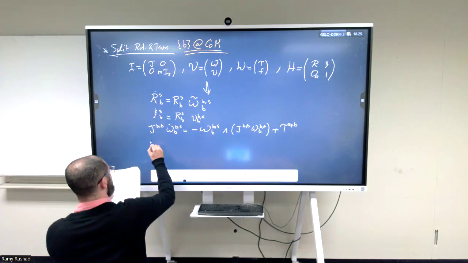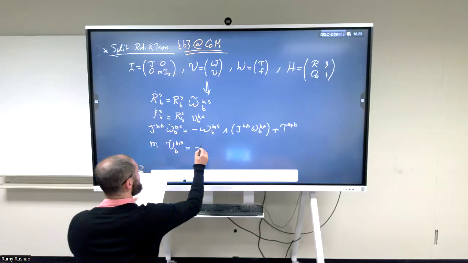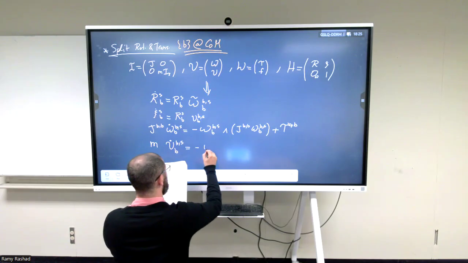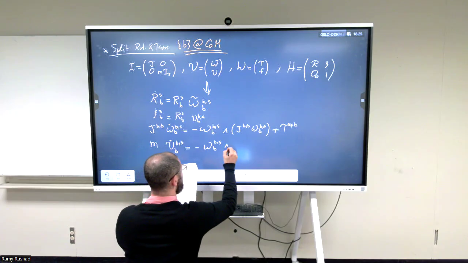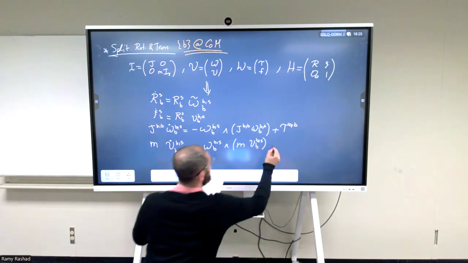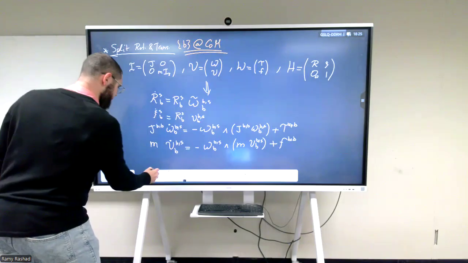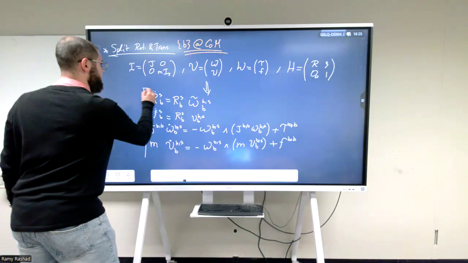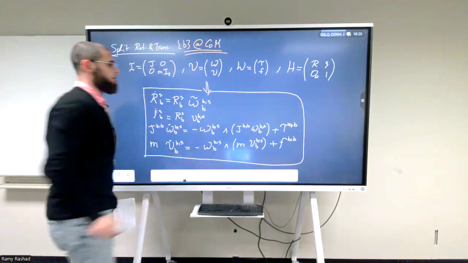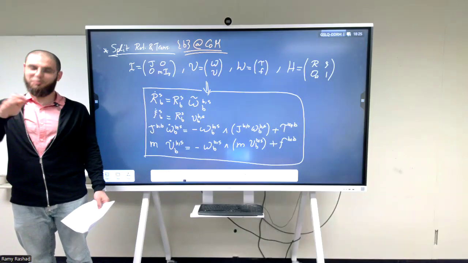And then you have another equation: v dot is equal to minus omega cross v, plus the forces divided by M. Great. You should have seen these equations at some point in your life. If not, you've had a not very nice education, before the assignment.